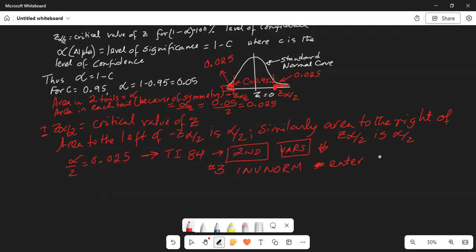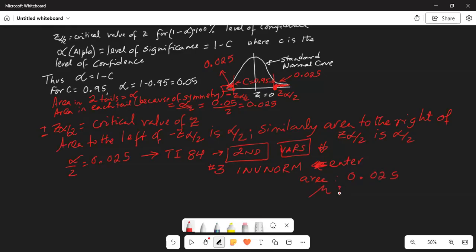So second verse, third row, the number 3 is inverse norm. We enter the following information. Enter. After this, enter. And then area in the left tail is 0.025.